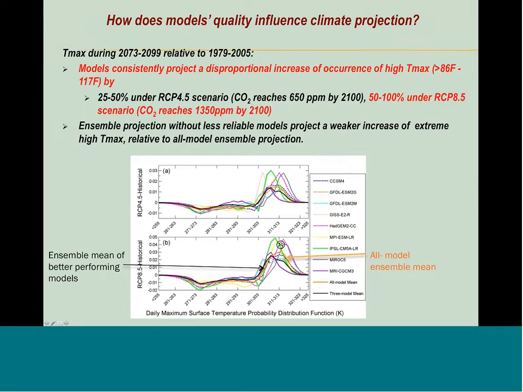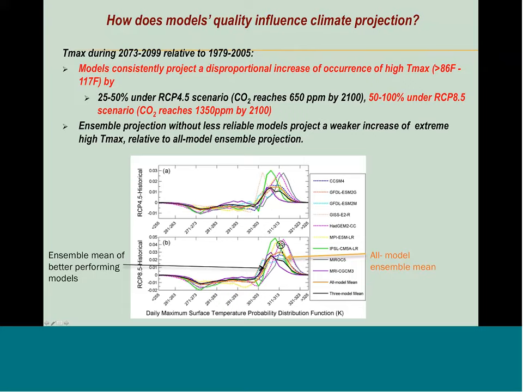First of all, almost all the models project a disproportionately strong increase of warmer daily maximum temperature. And if you look more carefully, these outlying poor quality models tend to project much stronger increase of warm extreme temperature.